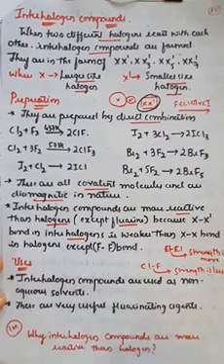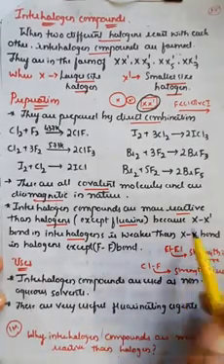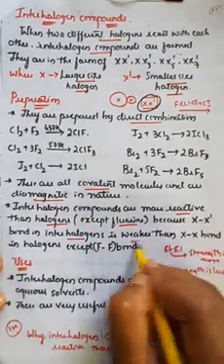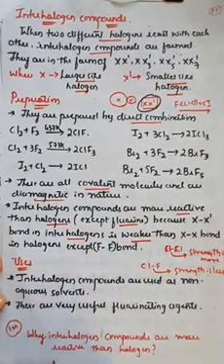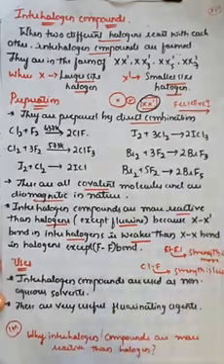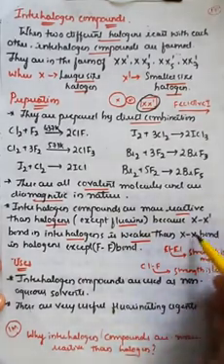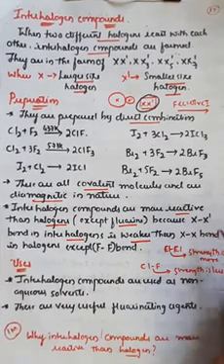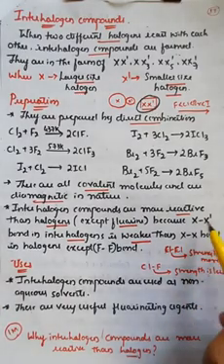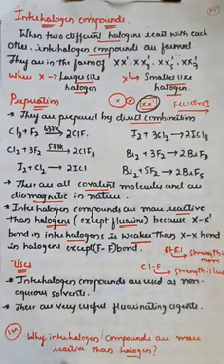So the answer is this: the XX' bond in interhalogens is weaker compared to the bond between the same kind of halogen atoms, that is the XX bond. You require more energy to break the XX bond, but very little energy to break the XX' bond. Therefore, interhalogen compounds are more reactive than halogens, right? So this is the most important 1 mark question from interhalogen compounds.